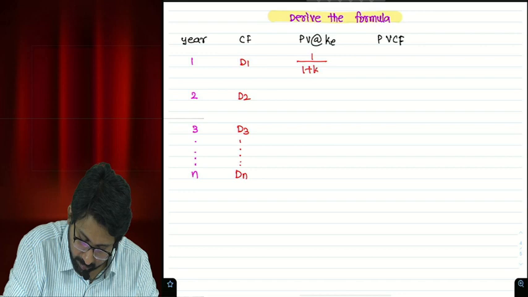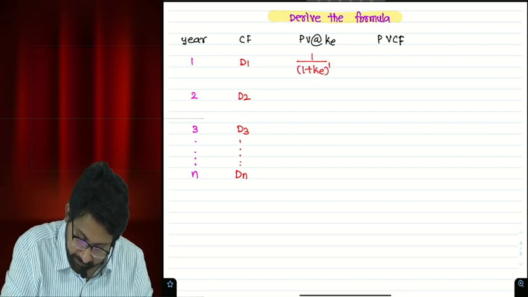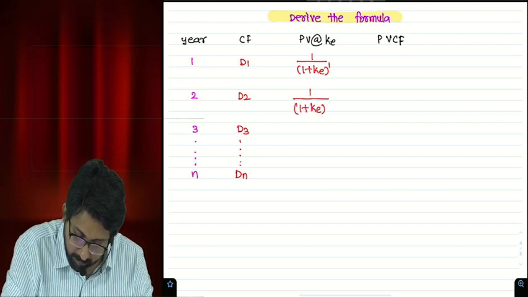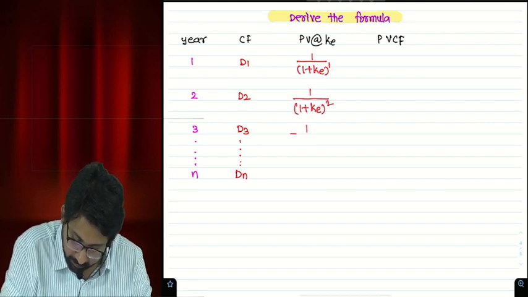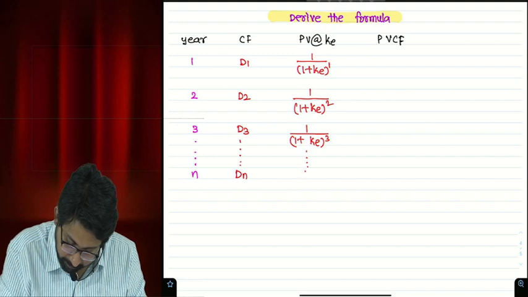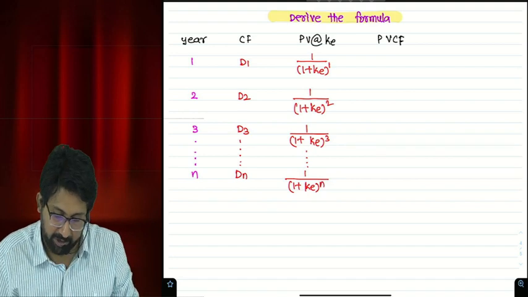One divided by 1 plus KE power 1, whole square, whole cube, whole power n.